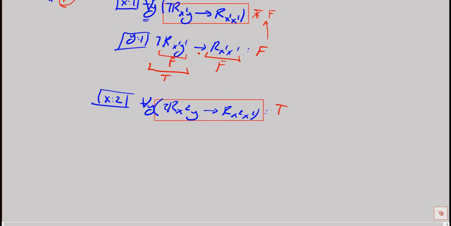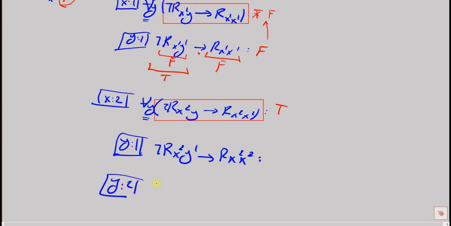So we need to make sure that the thing in the box is true for every value of y. We need to make sure that it is true for y1, and we need to make sure that it is true for y2. Okay, so our goal is to make these two things true.